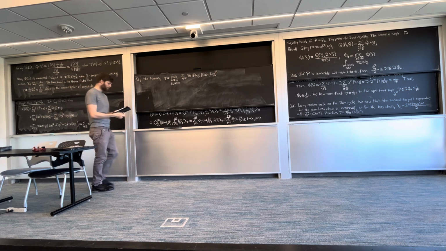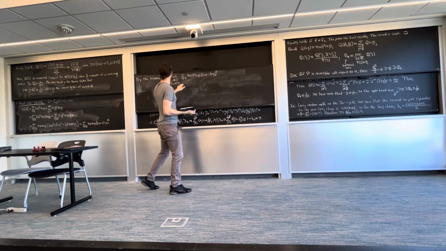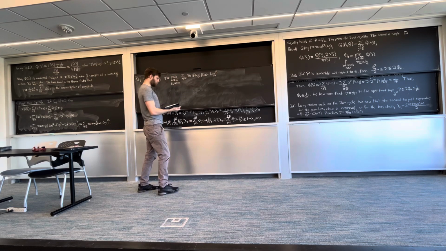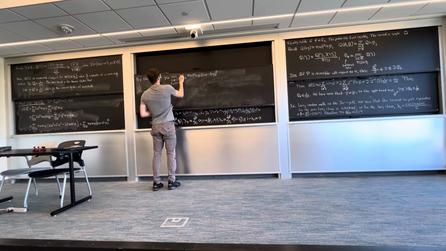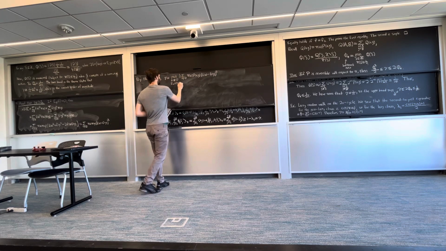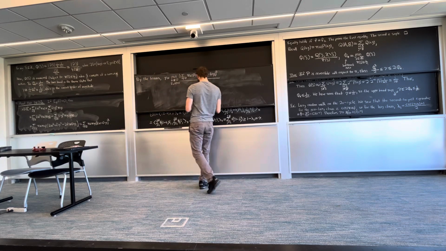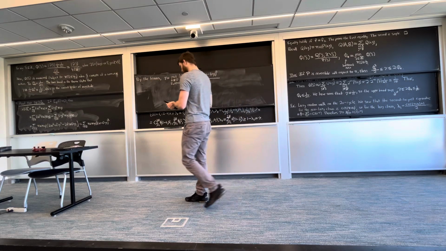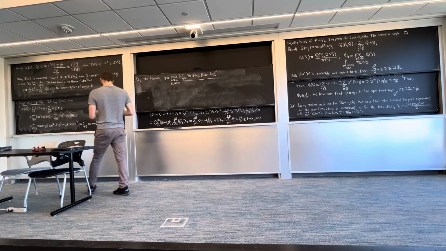Right, so we had a 1/2 up front, and then divided by the 2 norm squared.